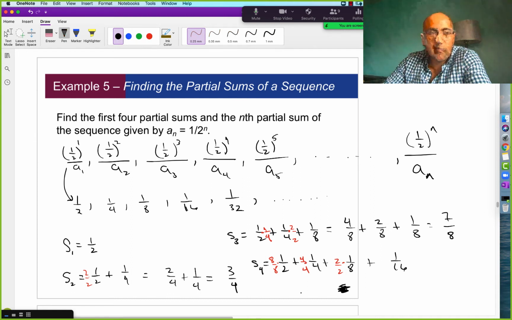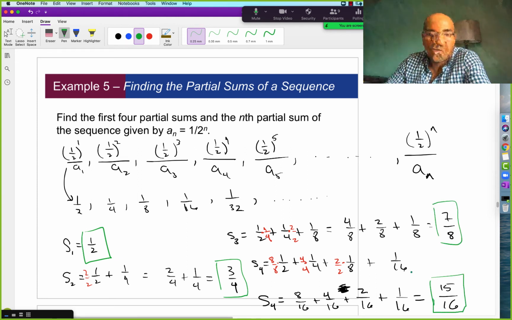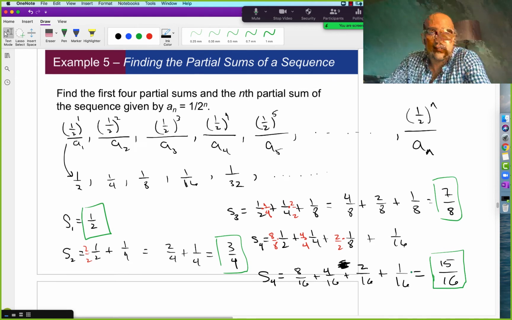And I'll have my value of s sub 4 will be equal to 8 over 16 plus 4 over 16 plus 2 over 16 plus 1 over 16, which equals 15 over 16. Okay, so I already have my first four values. The first one on my new list is going to be 1/2, followed by 3/4, followed by 7/8, followed by 15 over 16. So let's write down those values.